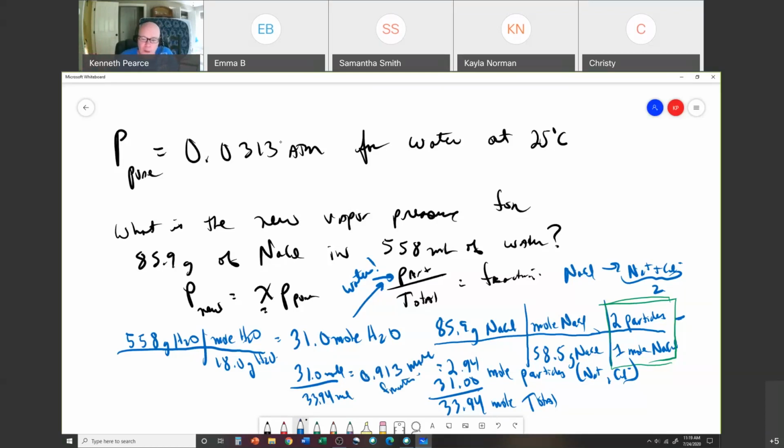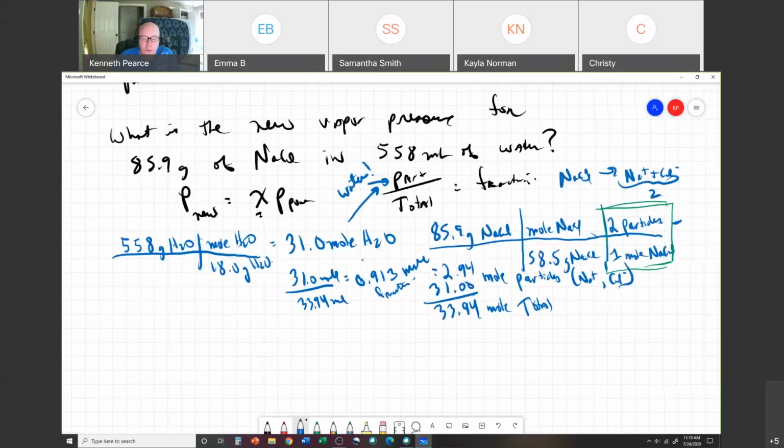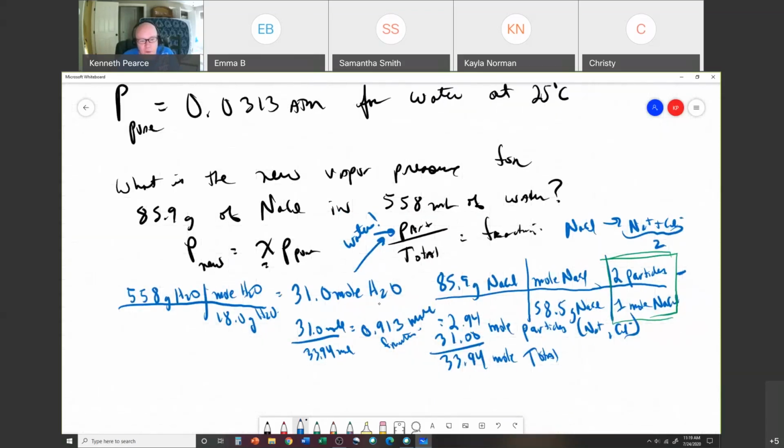Okay. And so now we can go ahead and plug that number into our original pressure here. It's the mole fraction. Well, I just got that. There's 0.913. And then that would be times whatever the vapor pressure was for the pure vapor pressure. And we find that that's 0.0313 atmospheres. And I'm just going to leave my original number in there and say times 0.0313 gives me a new vapor pressure of 0.0286 atmospheres.